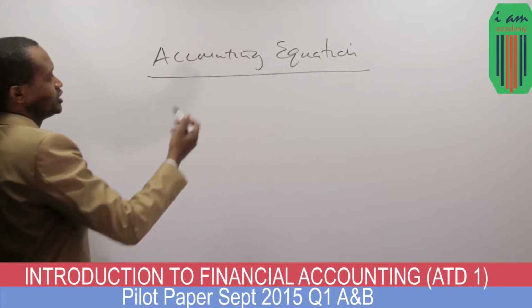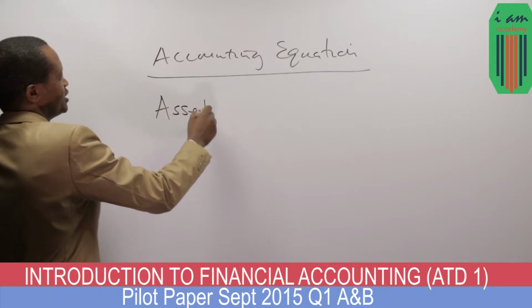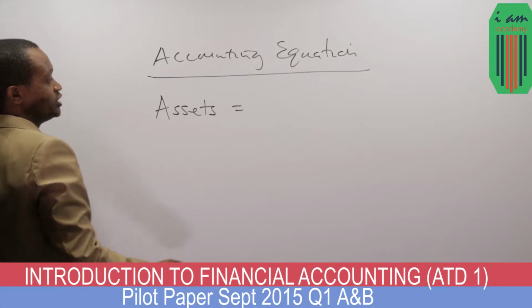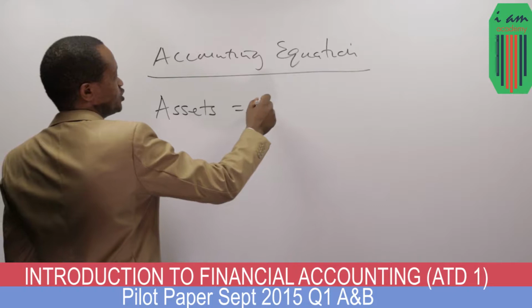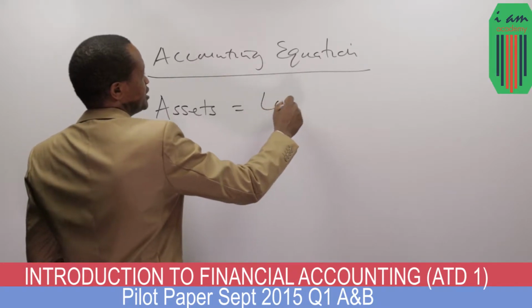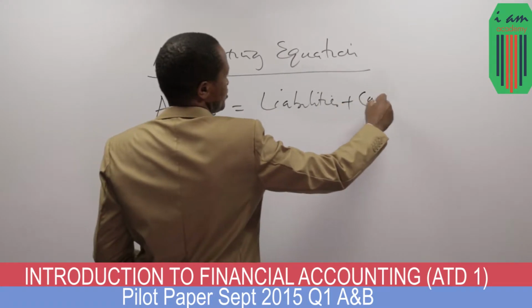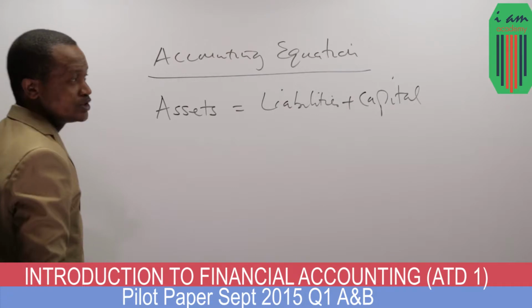The first thing we are expected to do in that question is simply to state the accounting equation, which we all know is: assets is equal to liabilities plus capital. That is the accounting equation.